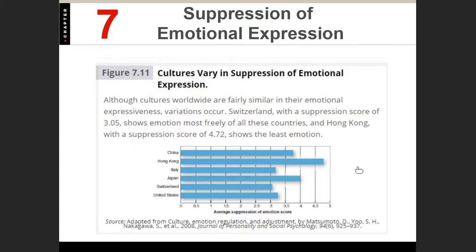Whereas the country on here that has the least suppression is Switzerland. So in Switzerland, it's a-okay to smile really big when you're feeling happy. So that's just something to keep in mind, that different cultures have different rules about what is appropriate in order to express emotion.